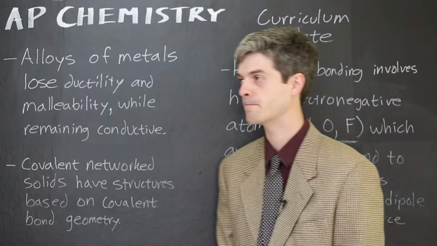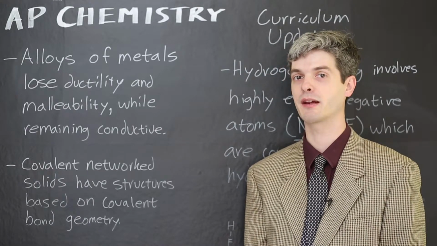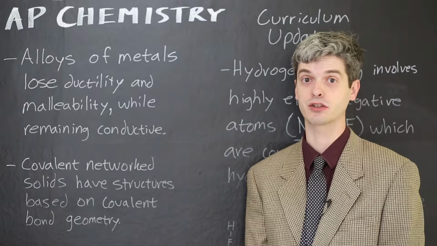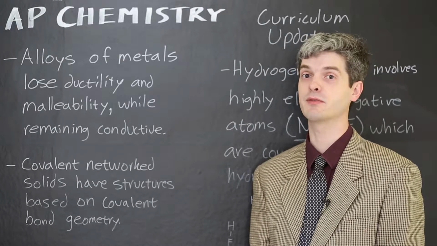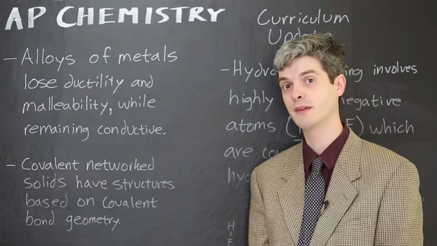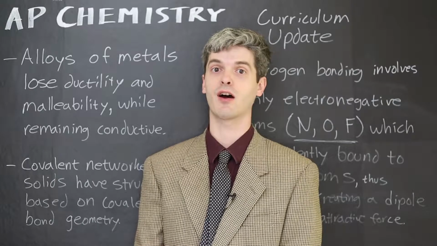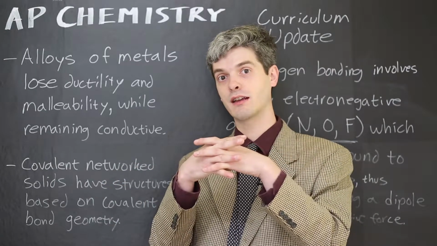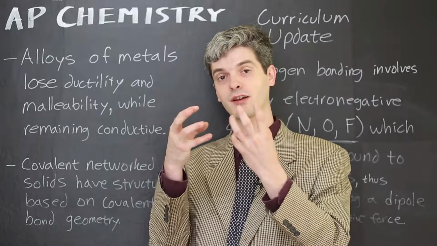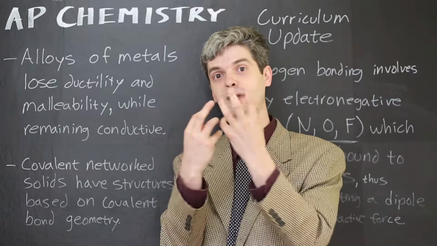First of all, there are some changes that were made to the language describing how alloys function. Recall that alloys can be substitutional or interstitial and occur when two or more metals are combined such that their atoms are placed in close proximity to each other, right?